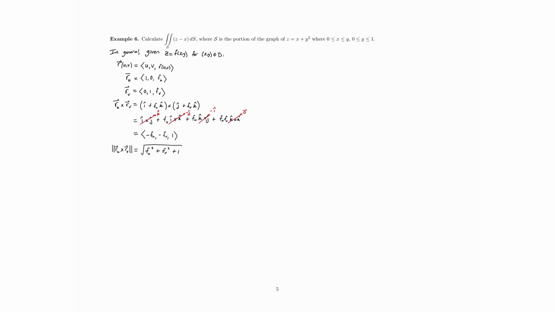I'll just note that if you choose to parameterize this as leaving your parameters alone, which I'm not in the habit of doing, but it's perfectly reasonable to do so, then you would end up having your x partial squared plus your y partial squared plus 1 under the square root for your magnitude.